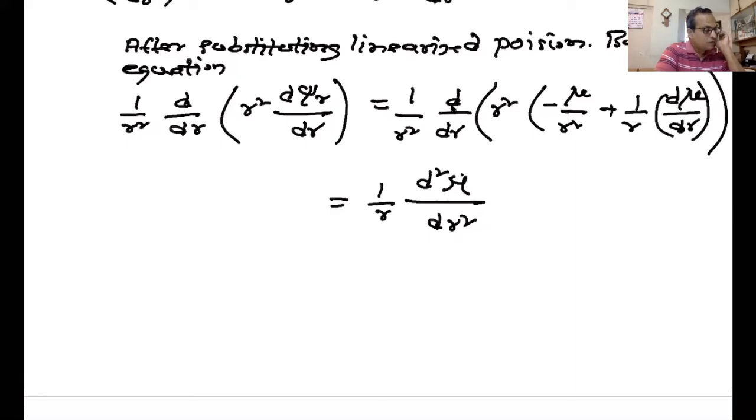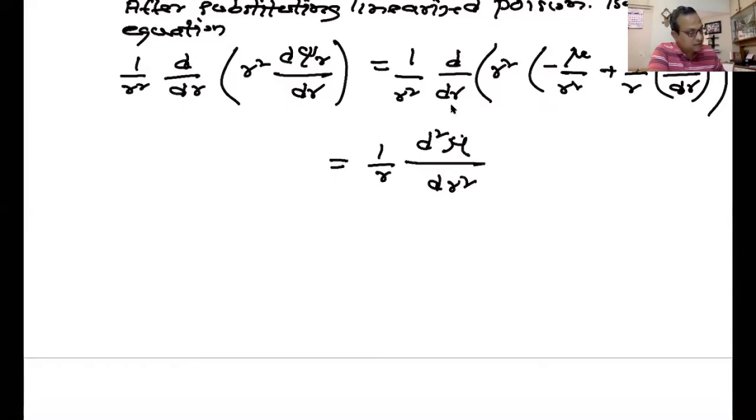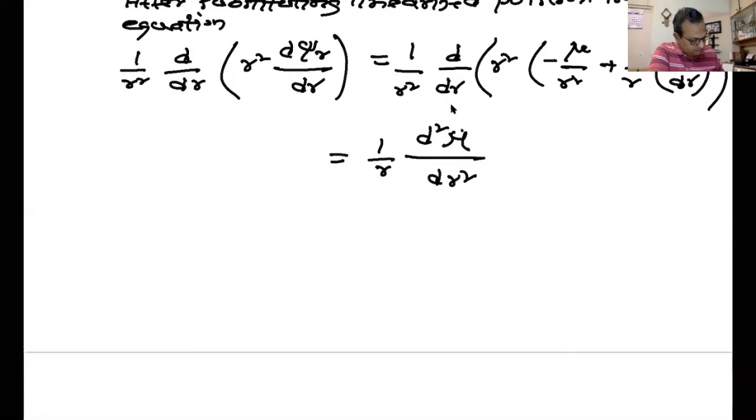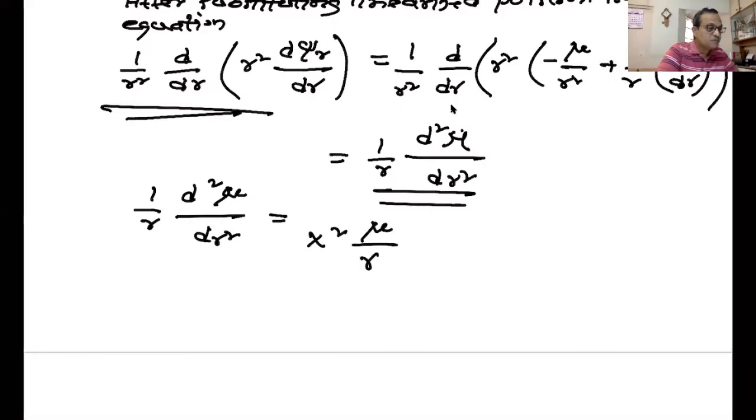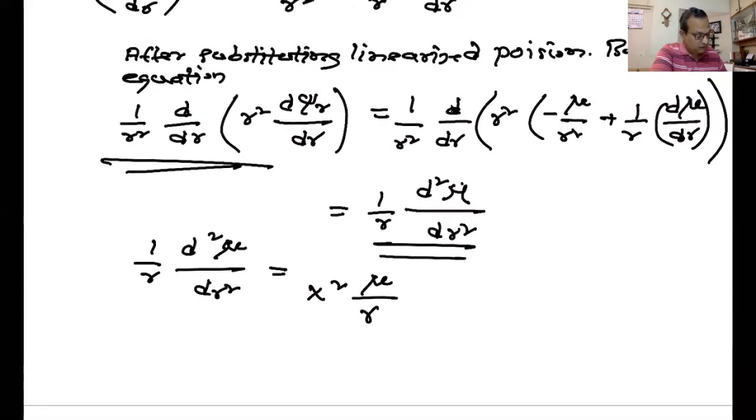So now my linearized Poisson-Boltzmann equation will become 1 upon r d2 mu by dr square is equal to chi square mu upon r, because this is equal to this, right? I have just evaluated this part.